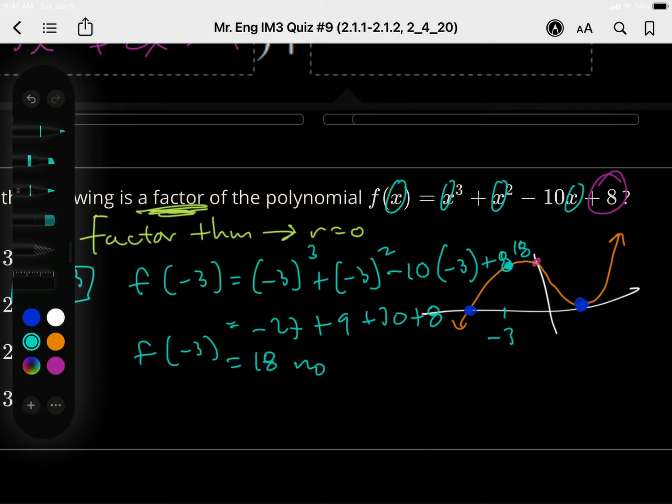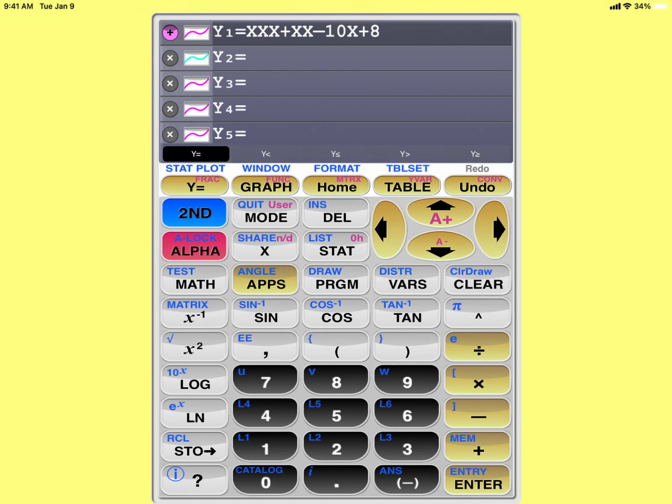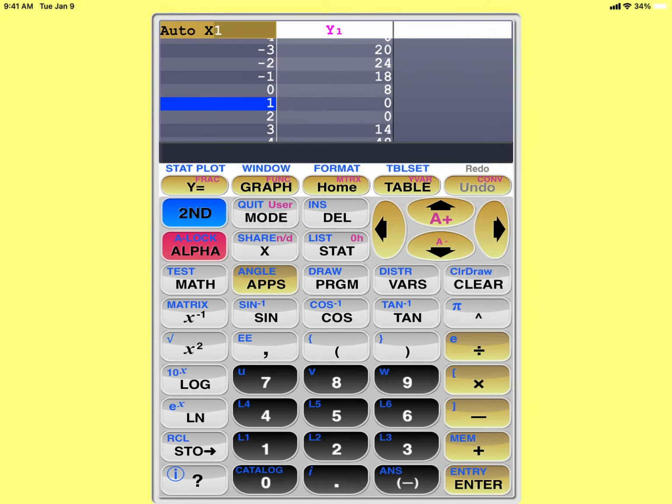Oh, I can't add. I see it. Negative 27 plus 30 gives me a positive 3. Positive 3 plus 17 is 20. Okay. Duh, Mr. Eng, come on. All right, so table. So negative 3, 20.